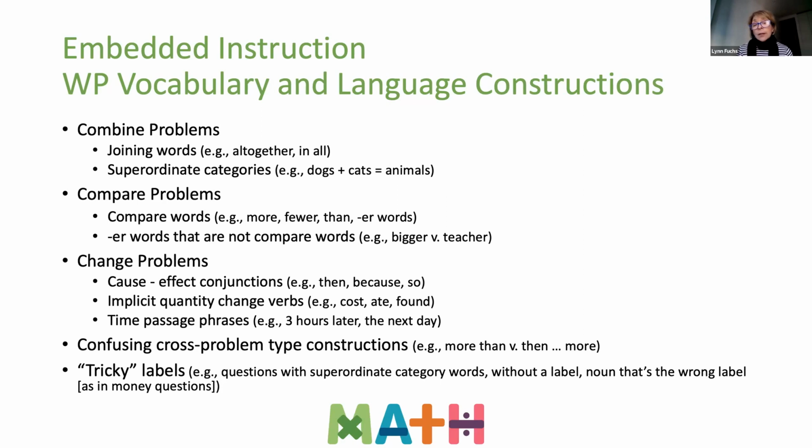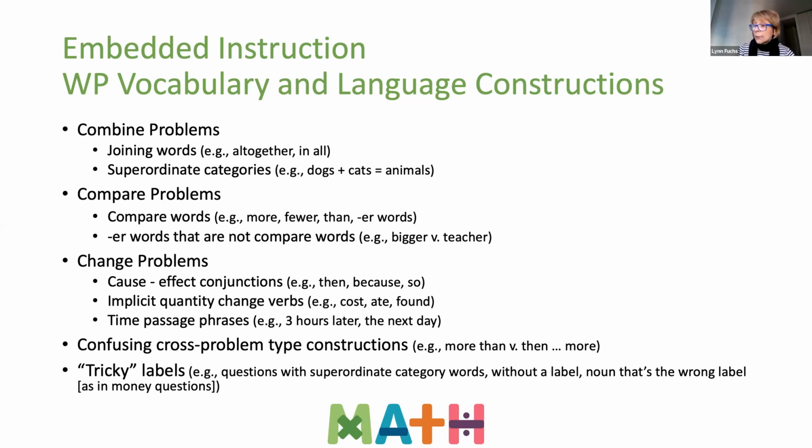Change problems include cause-effect conjunctions like "then" or "because." Implicit quantity change verbs like "cost" and "ate" have to do with reductions in the quantity, versus "found," which would be an increase.